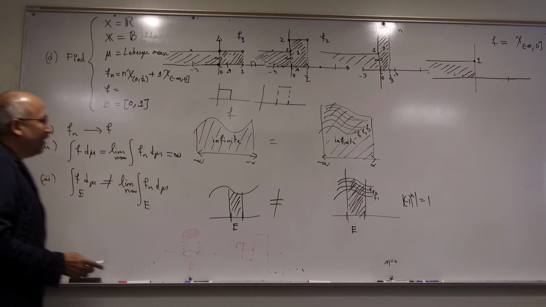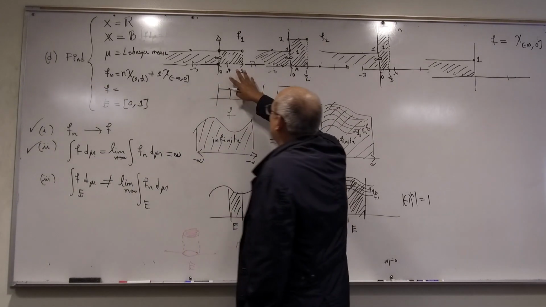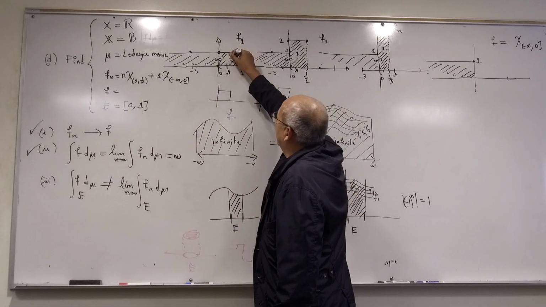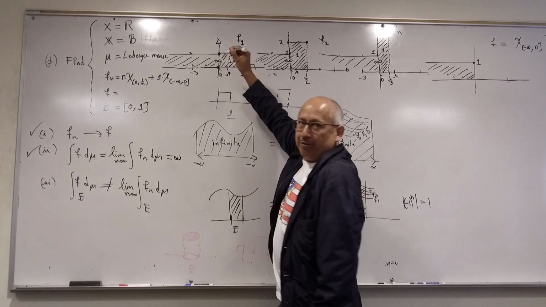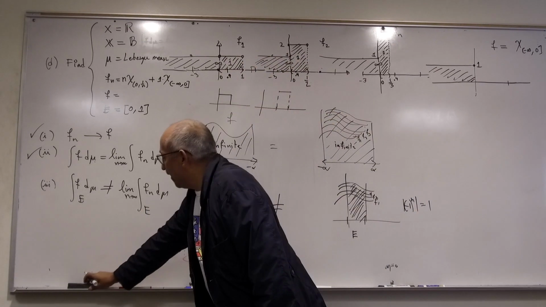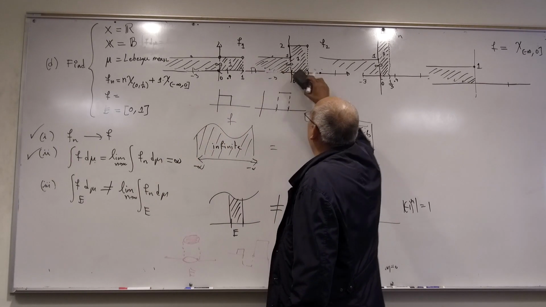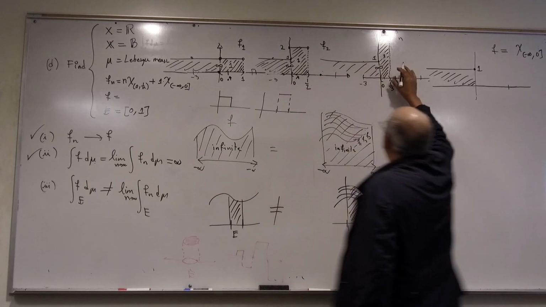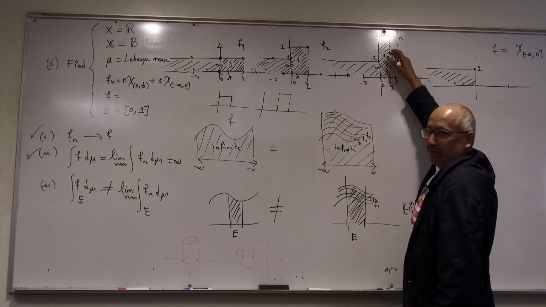Okay, let's see. What is the area of the first function only from 0 to 1? 1. Does this make sense? What is the area of the second function only from 0 to 1? 1.